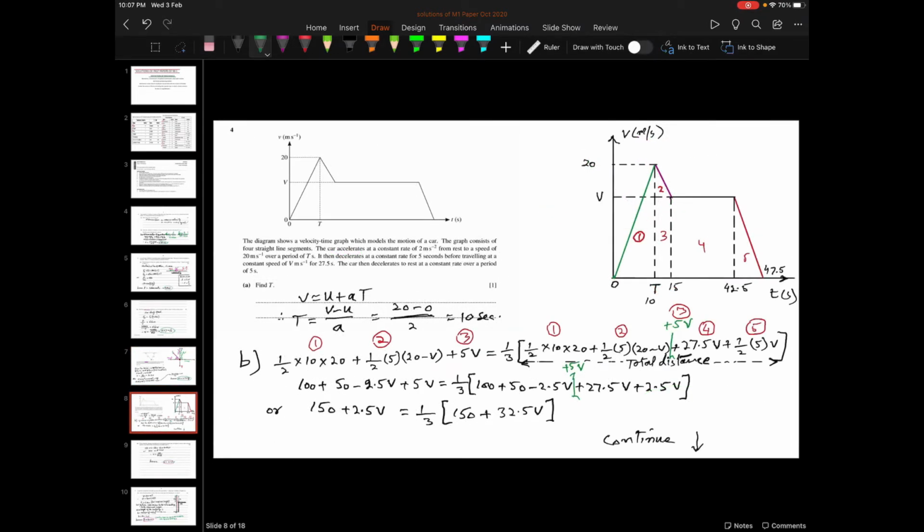Question number 4. The diagram shows a velocity-time graph which models the motion of a car. The graph consists of 4 straight line segments: 1, 2, 3, and 4. The car accelerates at a constant rate of 2 meters per second squared from rest to a speed of 20 meters per second over a period of t seconds.